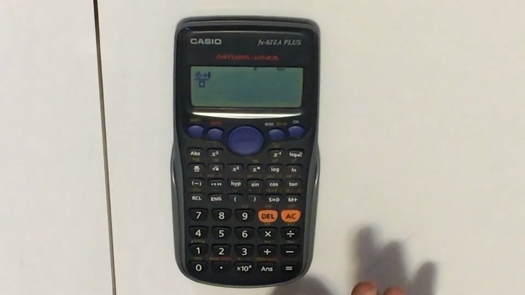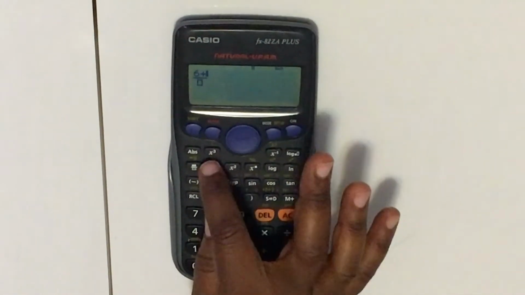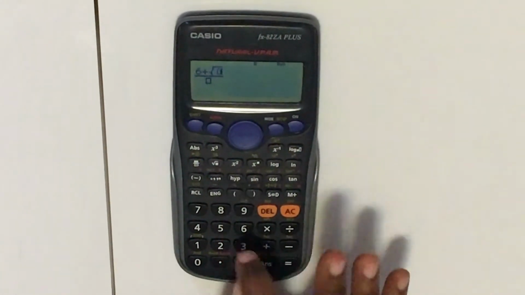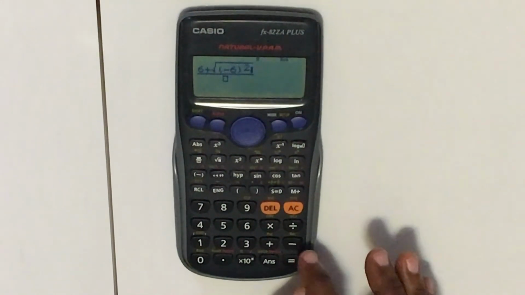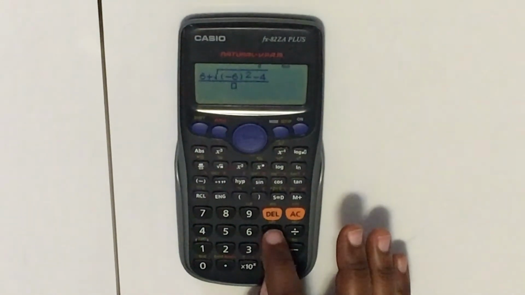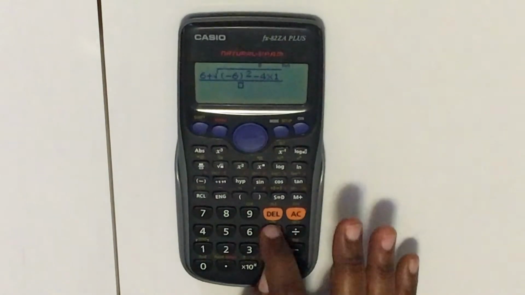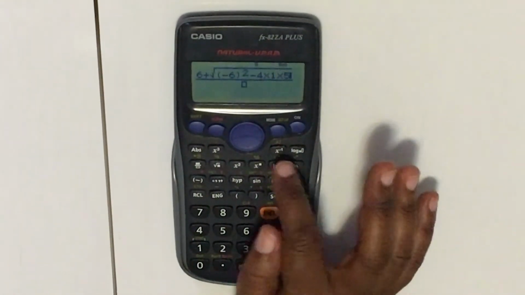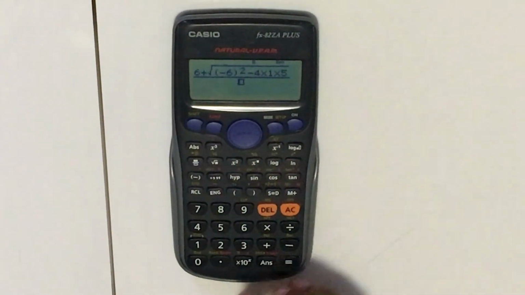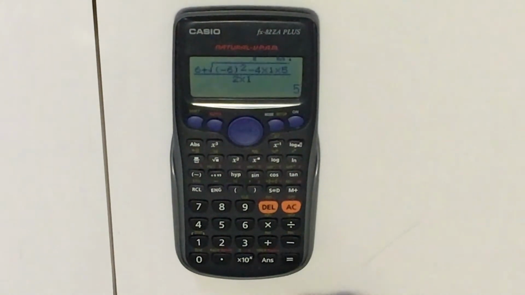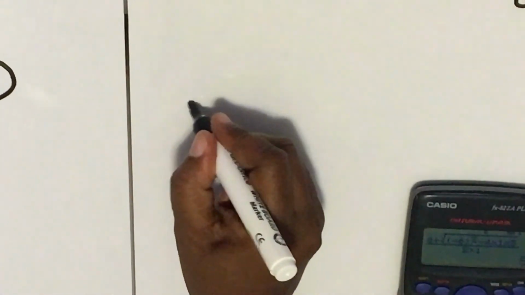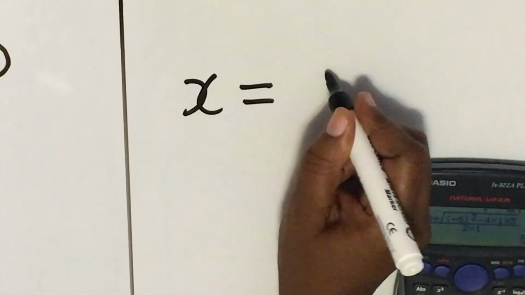We'll choose plus and then square root and then open bracket minus 6 close bracket squared minus 4 multiplied by 1 multiplied by 5, close bracket. Then multiply 2 times 1 and then you press equals, and the answer that you get is x equals 5.